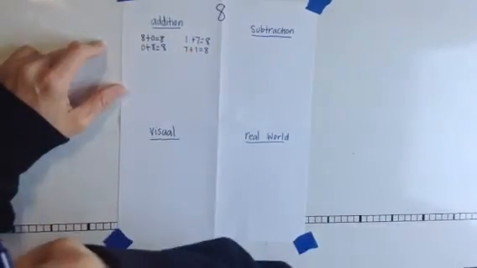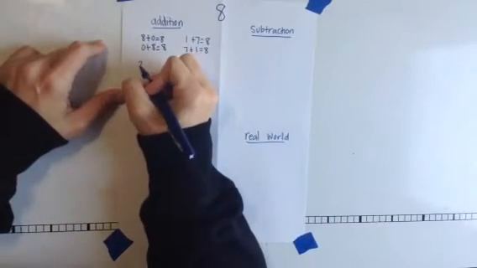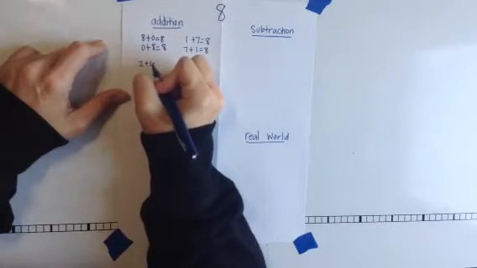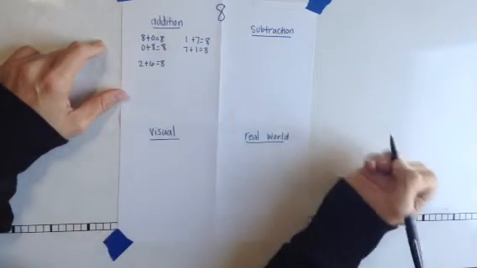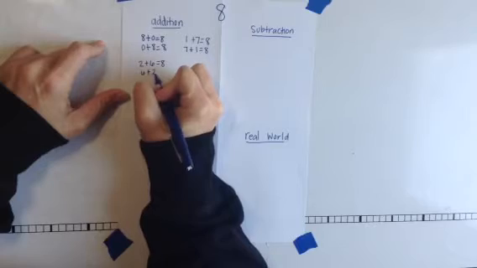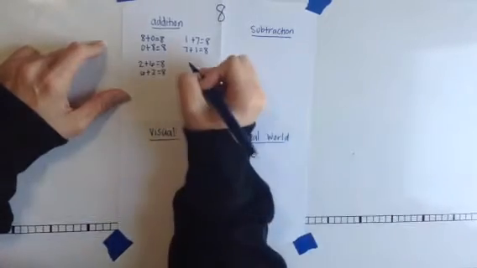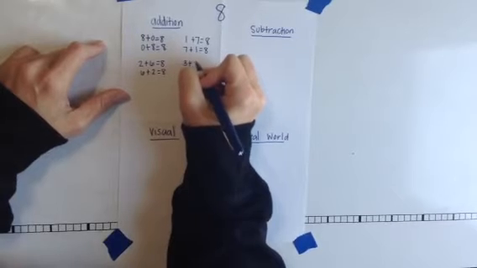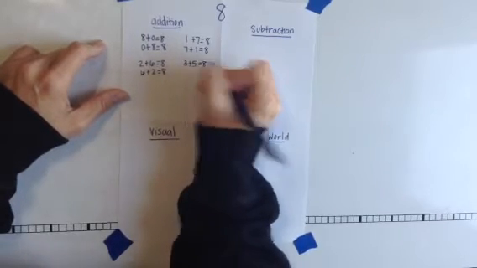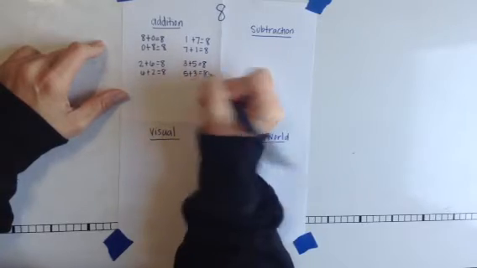If I want to keep going with this pattern of 0 and then 1, I know that 2 plus 6 equals 8, as does 6 plus 2, just by reversing the order of addends. I know 3 plus 5 equals 8, and 5 plus 3 equals 8.